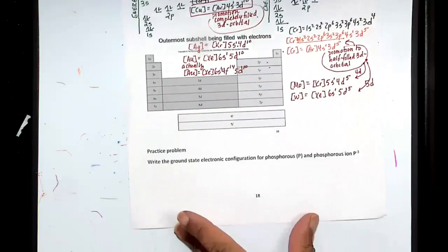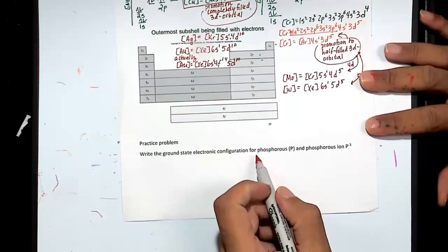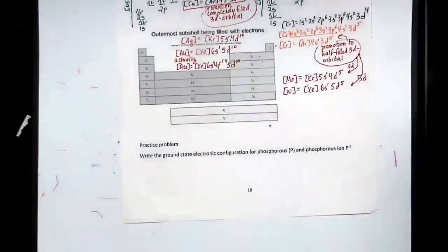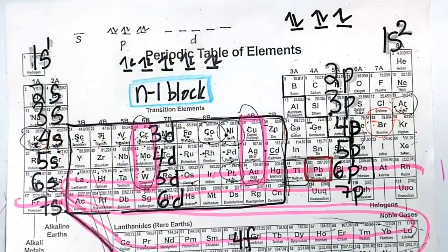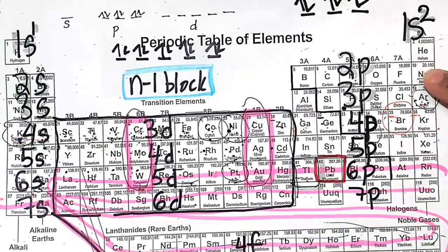All right, just super quickly, give me one more minute of your time. The ground state electron configuration of phosphorus. Are we confident enough to do this? Okay, where is phosphorus here? Phosphorus, 15 electrons. 10 of them are going to come from neon.